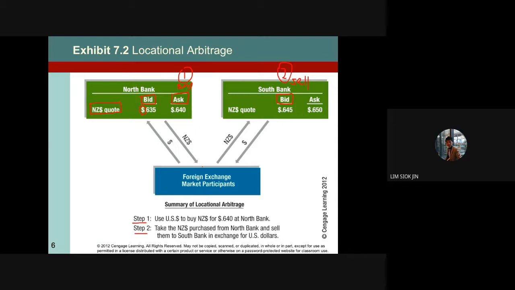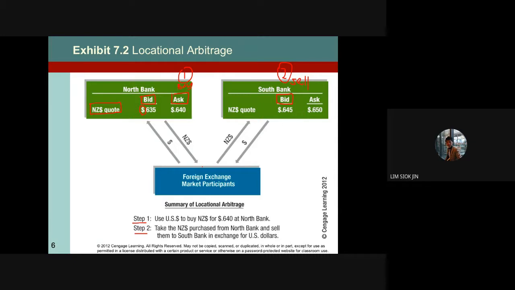With step 1 and step 2, they said, if you have US dollar, use the US dollar to buy New Zealand dollar at North Bank. Okay? Buy it here, step 1. And once you have bought this New Zealand dollar, take it to the South Bank and sell it to get back your US dollar. So what actually happened?